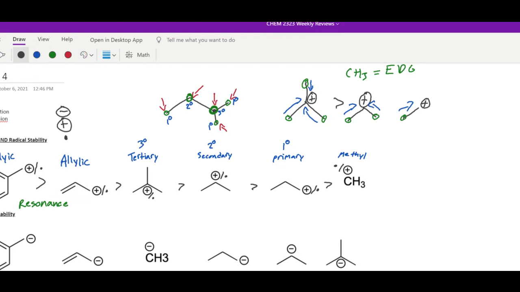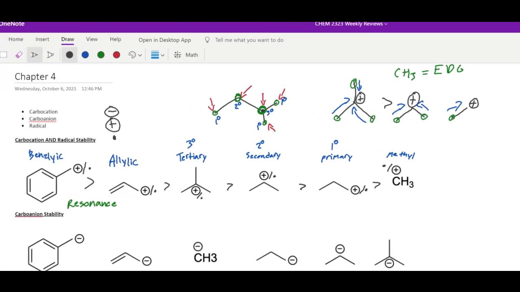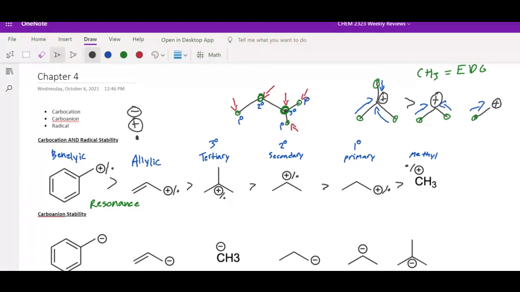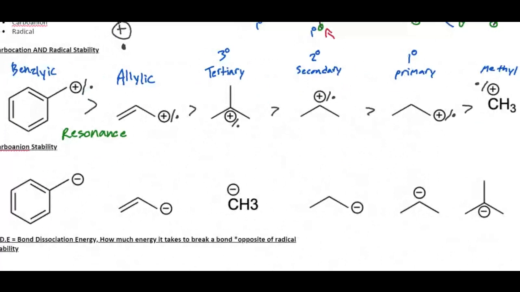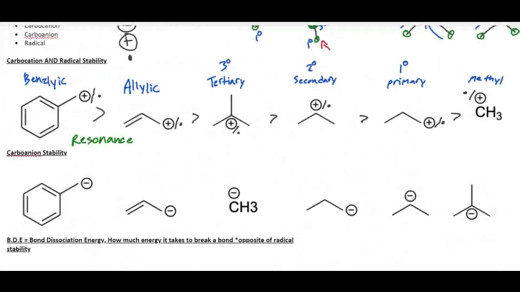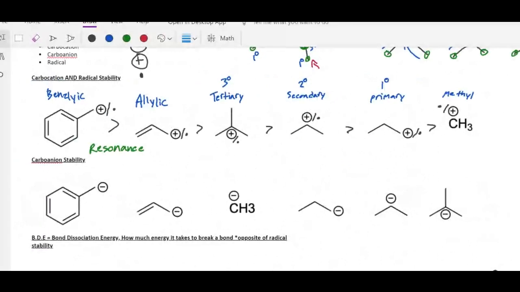We'll talk about carbanion later. I know that was a little bit lengthy, but that is carbocation and radical stability. Now let's look at carbanion, which is almost similar with a few exceptions. So first off, the trend is as drawn, as follows.